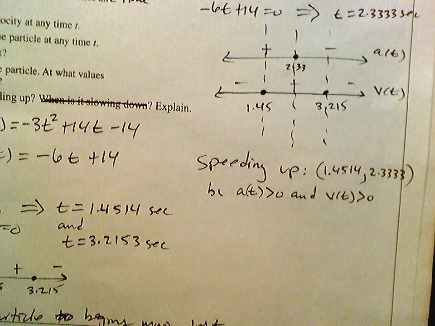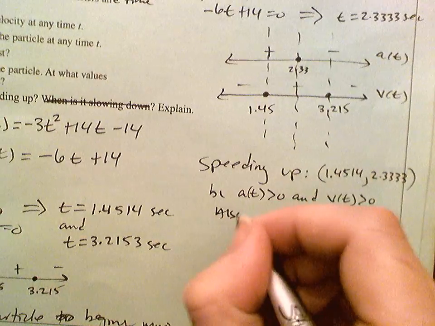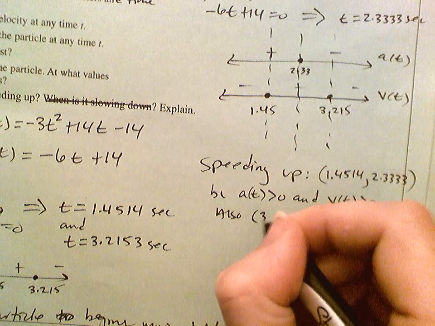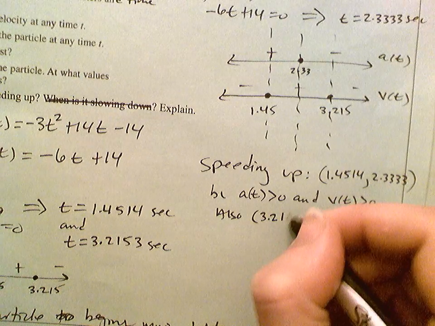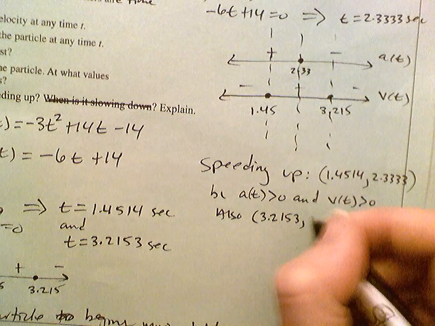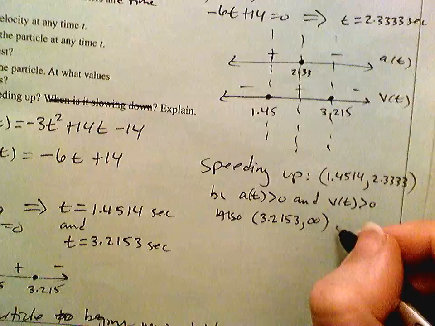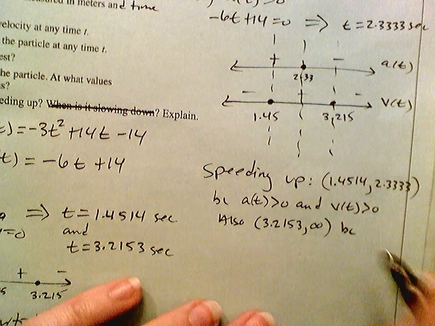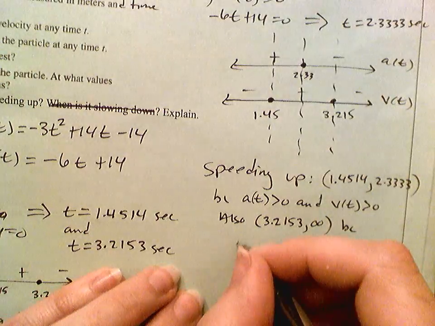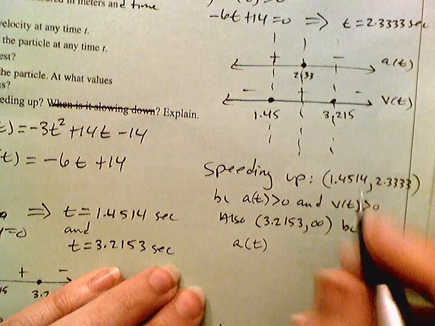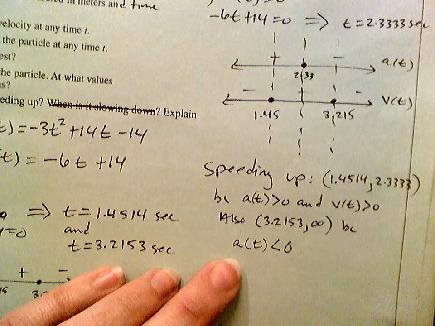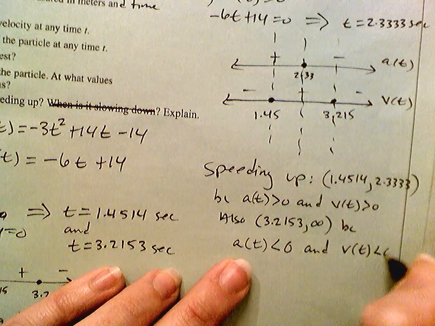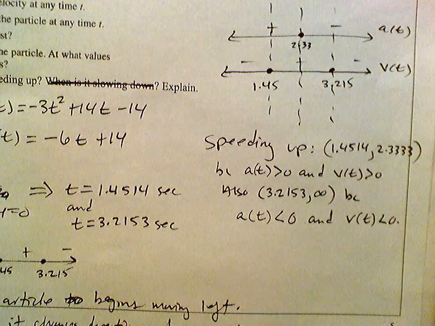And then I'll say also, and I'm separating, I guess you could do a union of these two intervals, but I felt a little funny doing a union because it's speeding up on them both, but for kind of different reasons. But I think a union would be fine, if you know what I'm talking about. And v of t is less than 0.